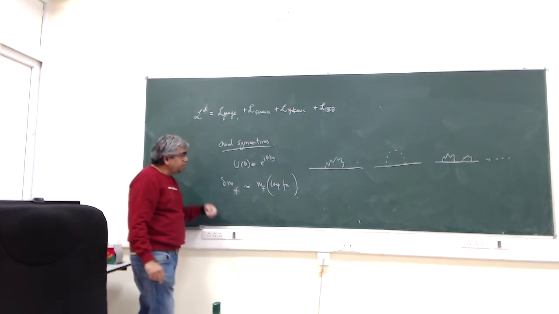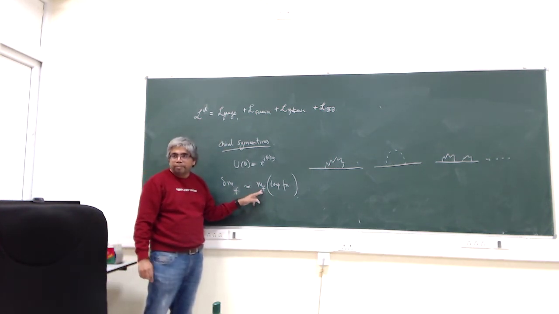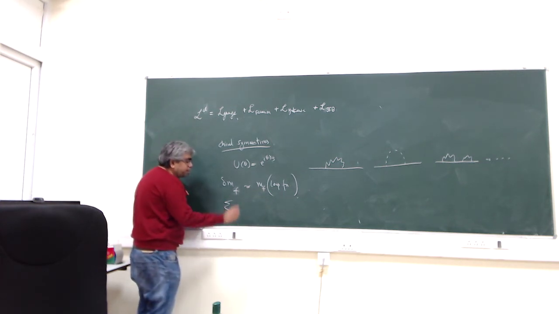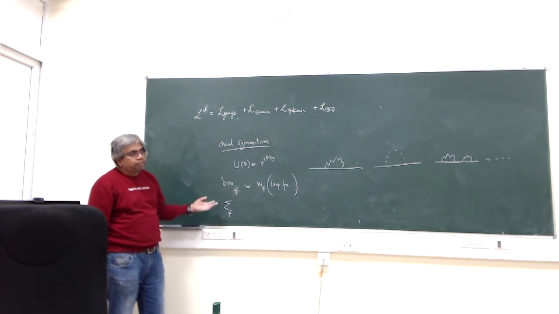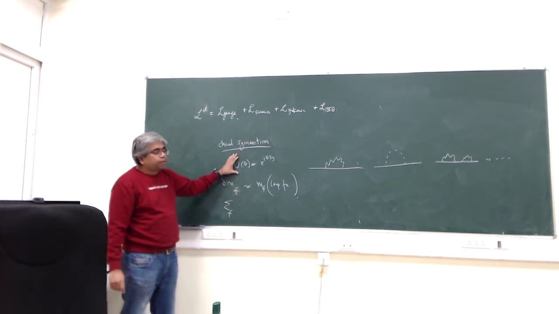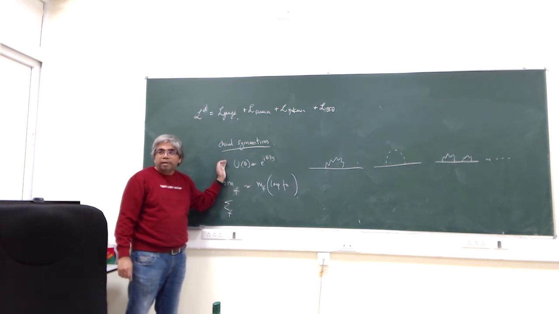You can calculate it later, but it will always be proportional to the fermion mass. So sigma f, which we typically calculate for the self energy of the fermions, will be proportional to the mass because of this protection of the chiral symmetries.